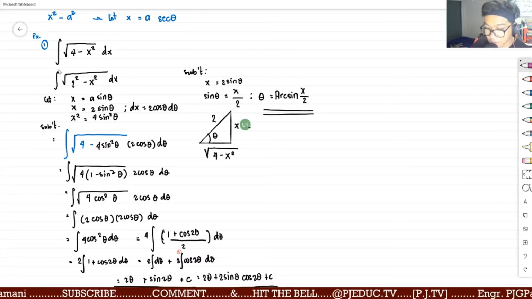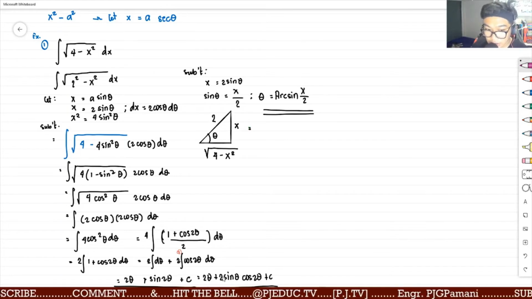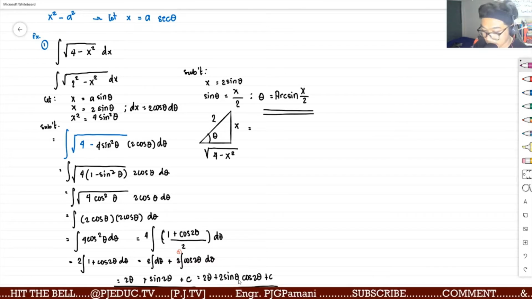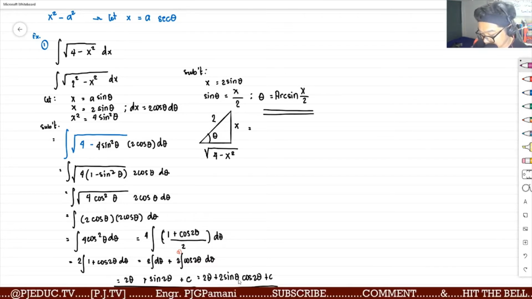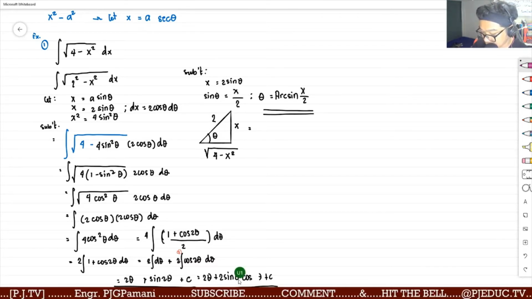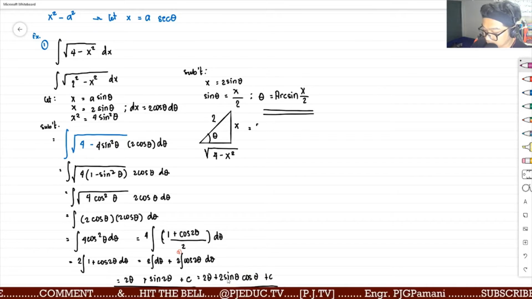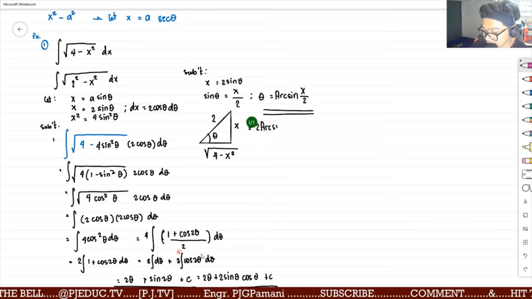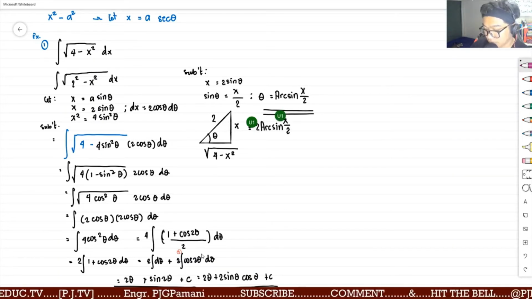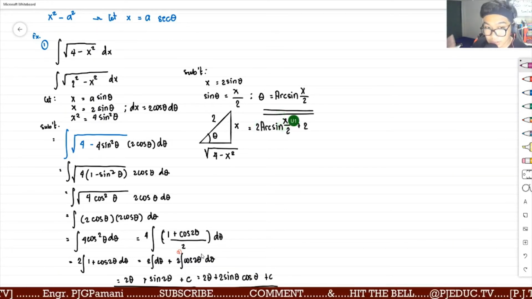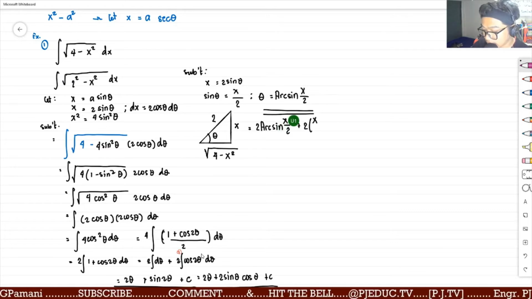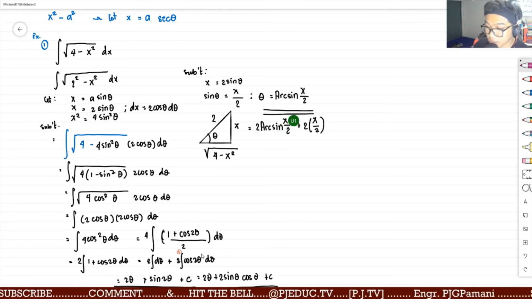From our final answer earlier, 2 theta plus 2 sine theta cosine theta plus c, that is now 2 times theta, which is arc sine x over 2, plus 2 sine theta, which is x over 2, times cosine theta.